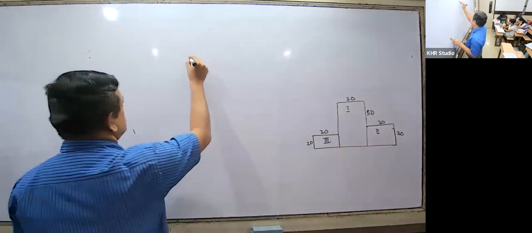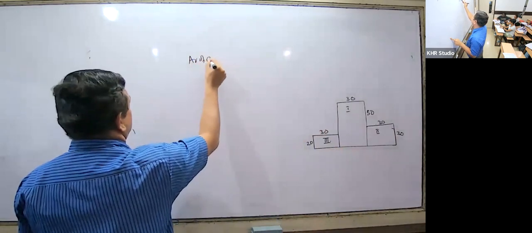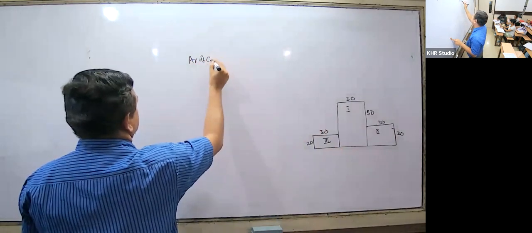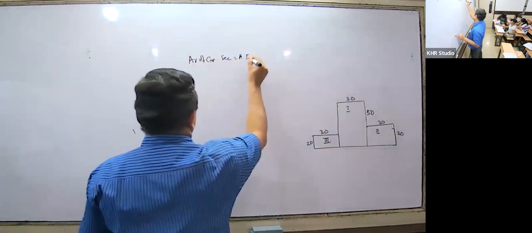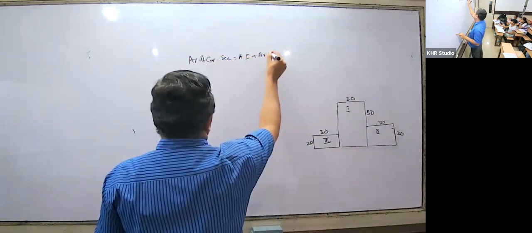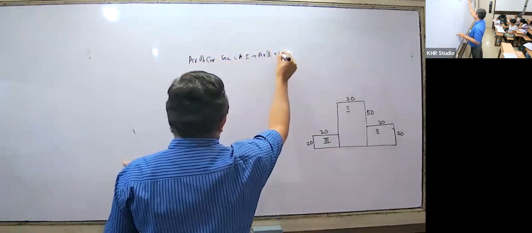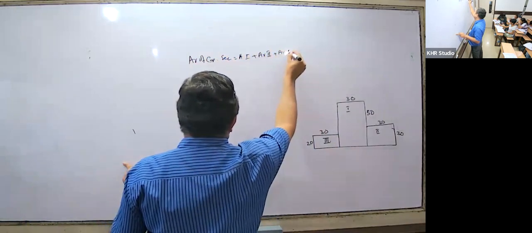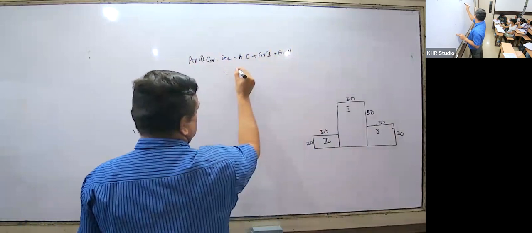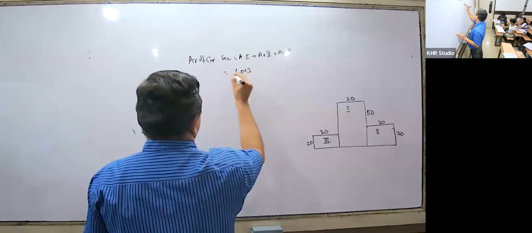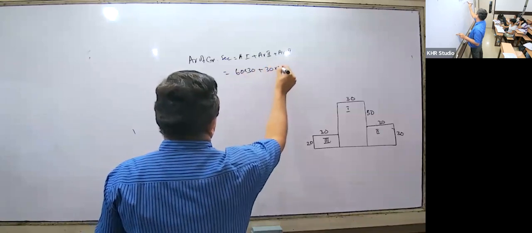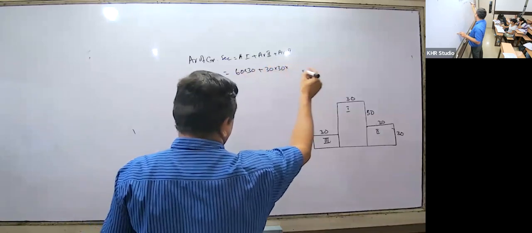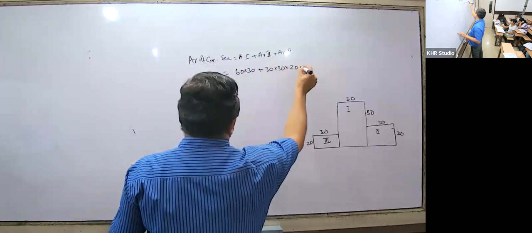Area of cross section is equal to area of 1 plus area of 2 plus area of 3. Area of 1 is 60 into 30, plus area of 2 is 30 into 30, area of 3 is 20 into 30.